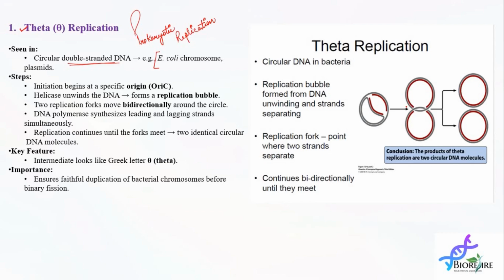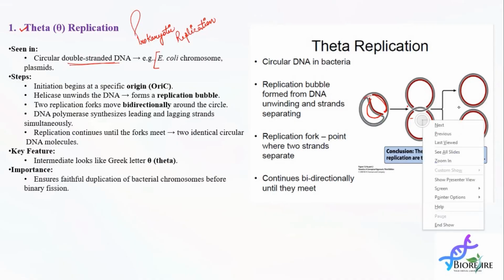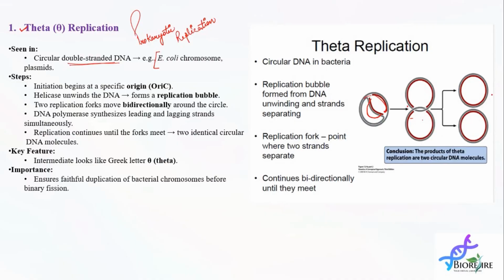One strand is old, the second is new, and it will amplify in this direction and in this direction, and convert into two. This theta-like structure is formed. That's why this is known as theta replication, which produces two circular DNAs.